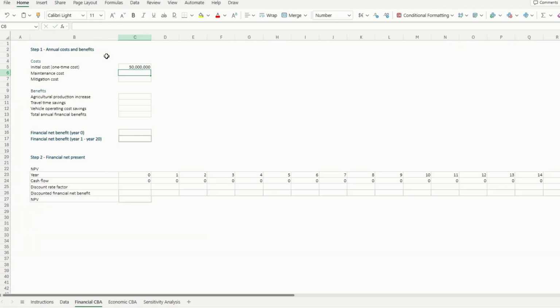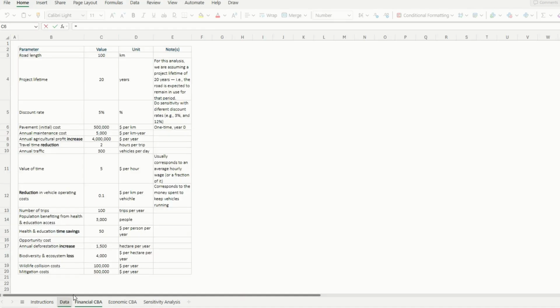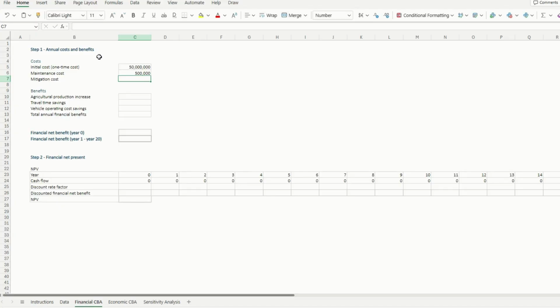Then we have the maintenance cost. The assumption in this case is that the annual maintenance cost is $5,000 per kilometer per year. So for 100 kilometers, that is just the multiplication of this cost by the road length. Finally, we have the last financial cost that we have identified, which is the mitigation cost.